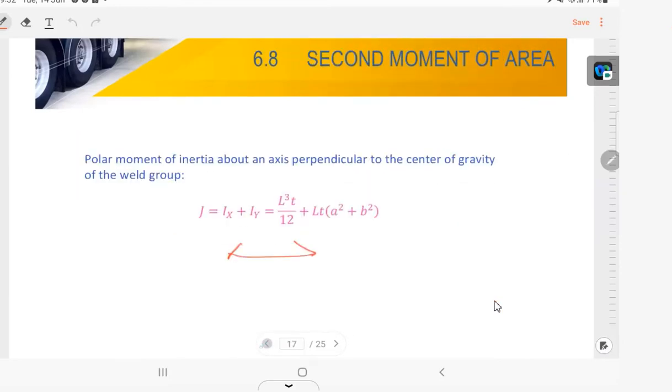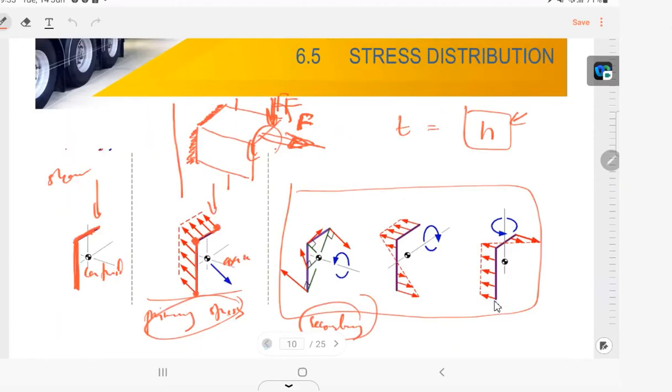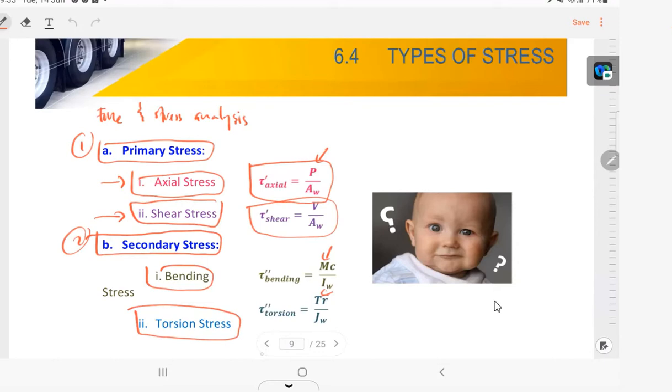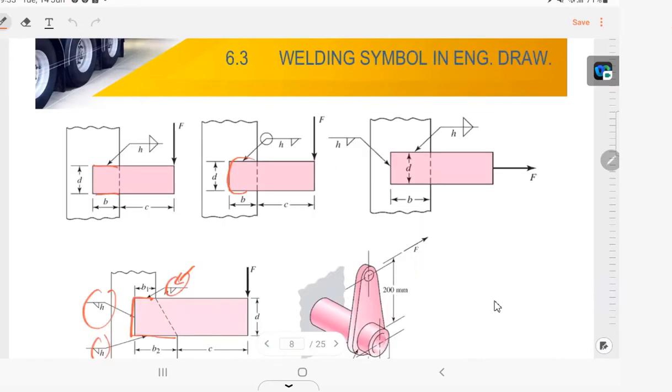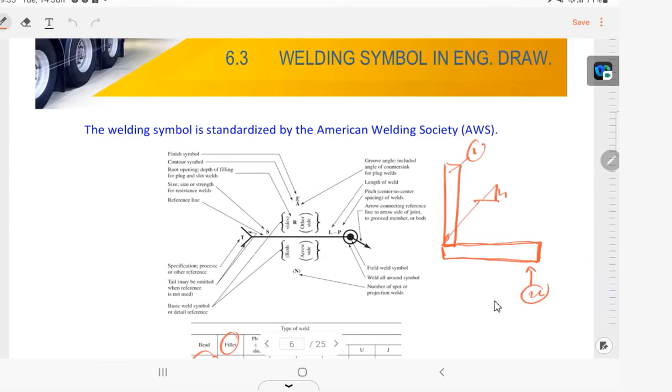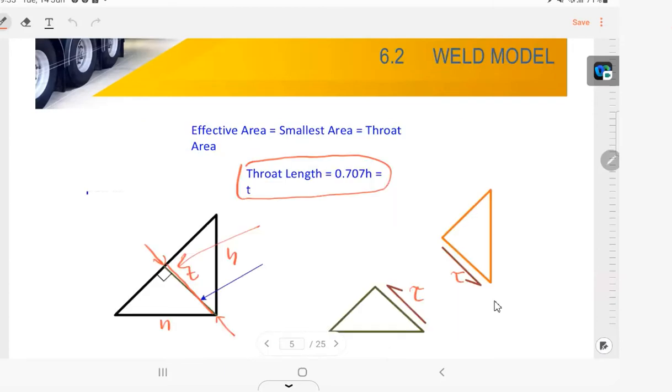So if you look here, it has the value of T. Okay, this is T. This is shear. Okay, this is shear. Max, let's say T max.